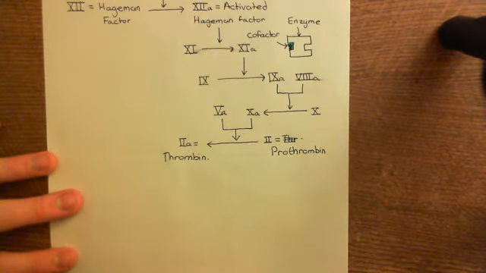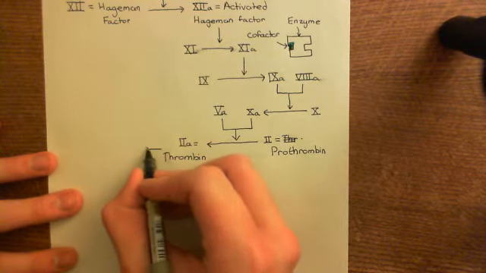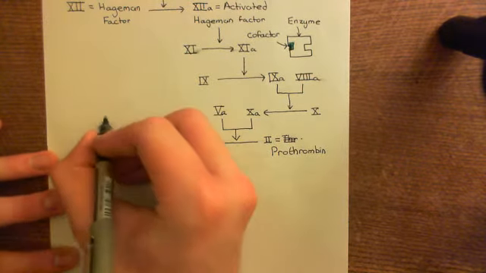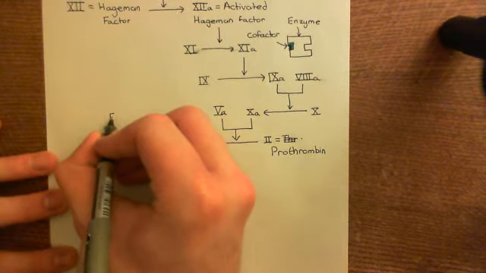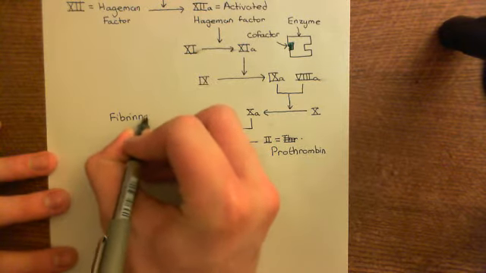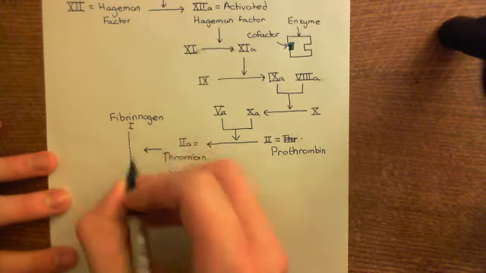Okay, right. So now what does thrombin do? Well, thrombin is going to catalyze the conversion of fibrinogen, or factor 1, remember. So factor 1, or fibrinogen, is going to be converted into fibrin, or 1A. Okay?